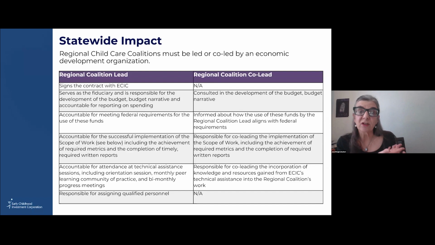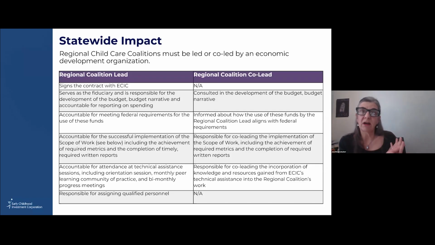They're signing up as a co-lead to help to be a significant part of the implementation of the scope of work, including the metrics and the reporting, and then really being a partner with the lead in incorporating the knowledge and resources gained from ECIC's technical assistance work.